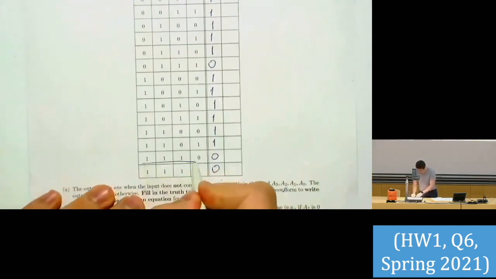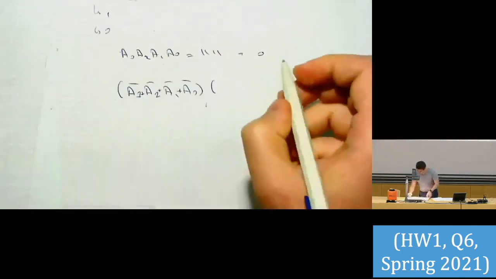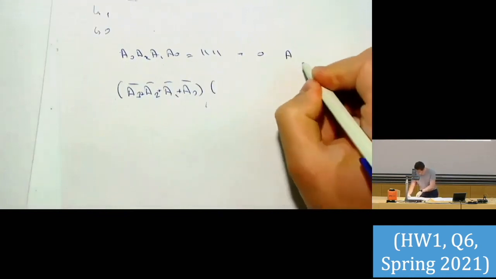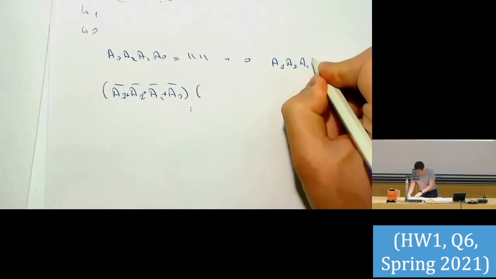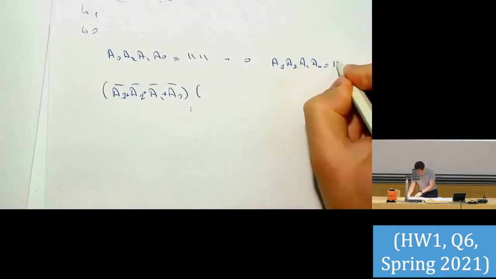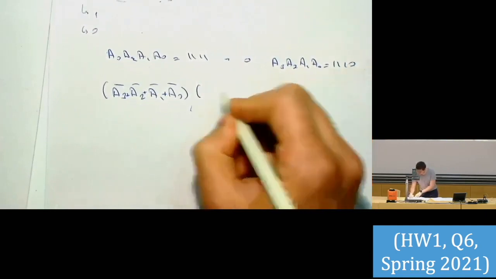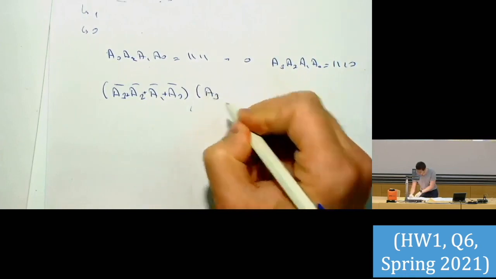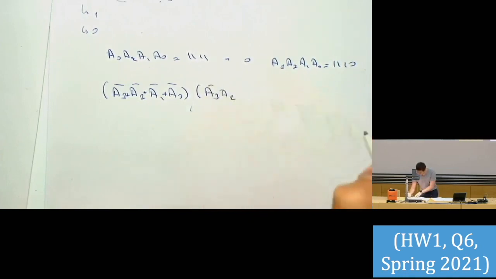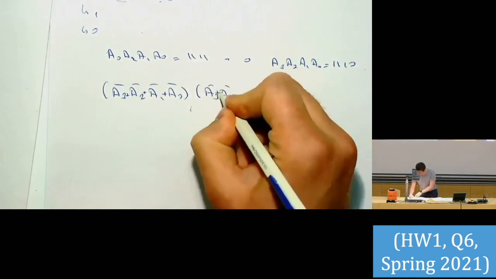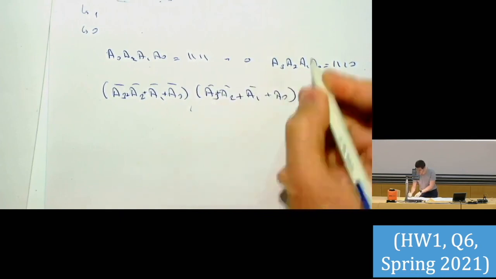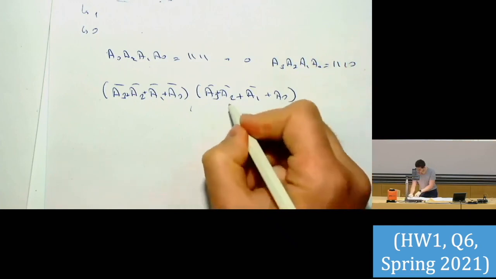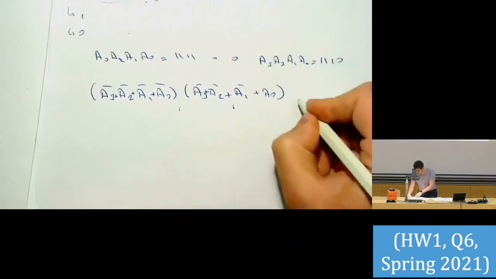Another term will be for A3, A2, A1, A0 equal to 1, 1, 1, 0. How can I write it as a term? It is basically A3 not OR A2 not OR A1 not OR A0. If you put 1, 1, 1, 0 here, then this will become 0.